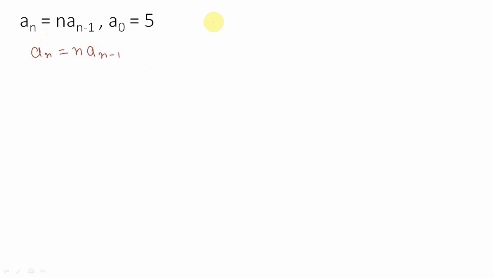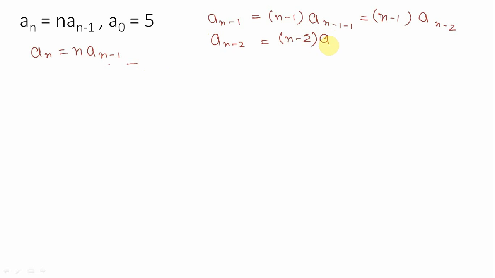By the same logic, a_{n-1} can be written as (n-1) a_{n-1-1}, so that is (n-1) a_{n-2}. Similarly, a_{n-2} can be written as (n-2) a_{n-3} and so on.